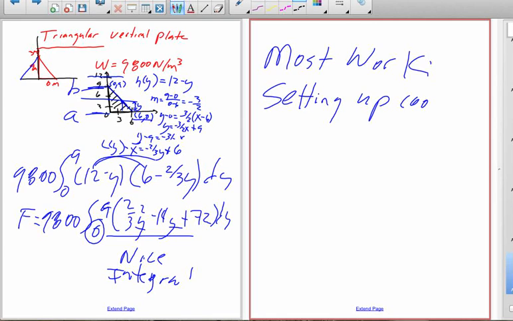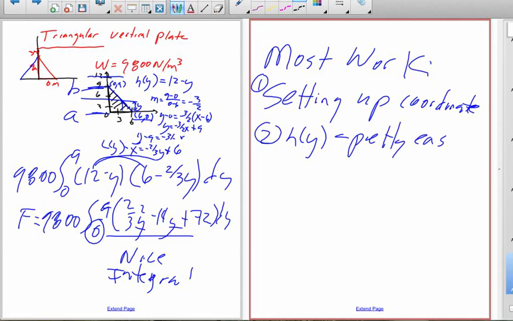You can take advantage of symmetries and always try to set it up so one bound of your integral is 0. This is in drawing your picture and setting it up. Then your h of y is usually pretty easy: you look for your top and you subtract the general y value.